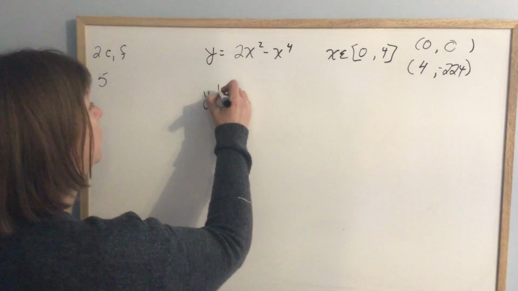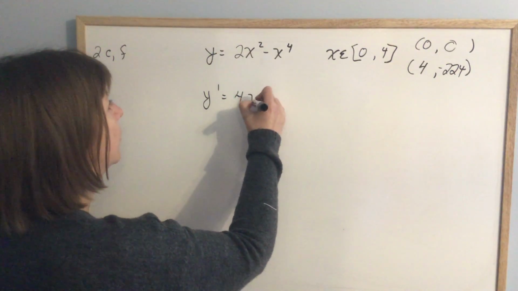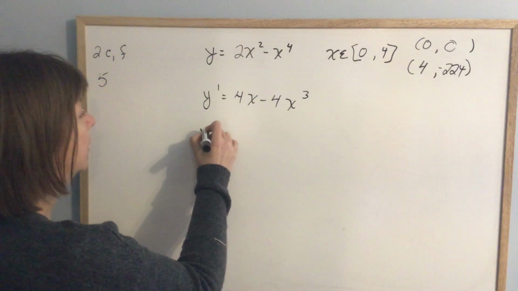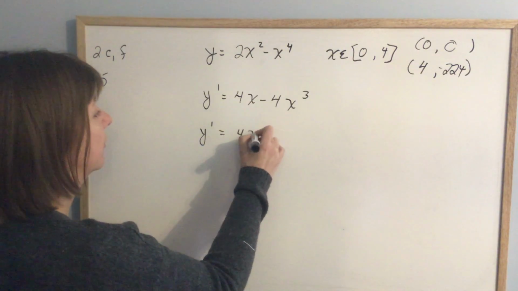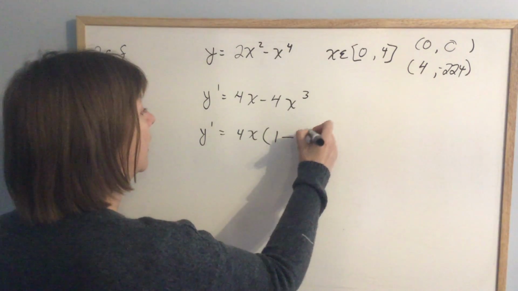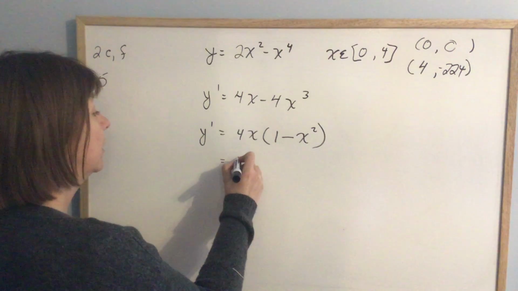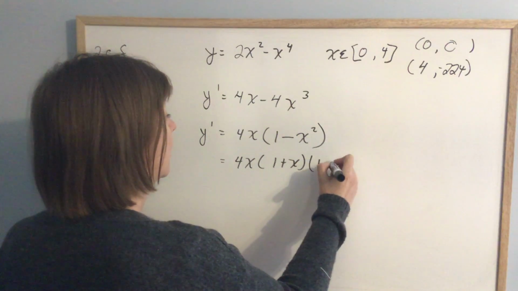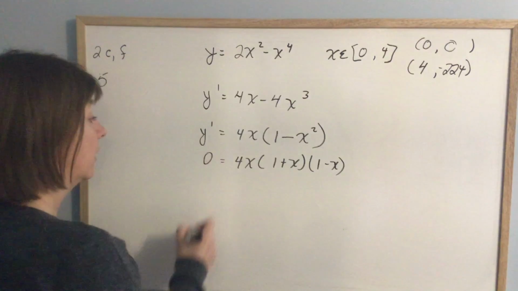So I'm going to do the derivative. So that would be 4x minus 4x cubed. So I would take 4x out as a common factor, which would leave me with 1 minus x squared, which would leave me with 4x times 1 plus x and 1 minus x, and I'd make that all equal 0.